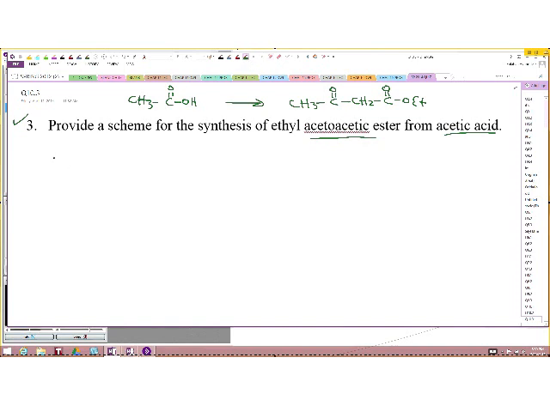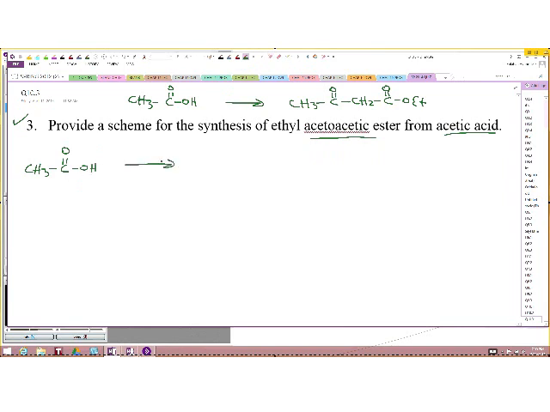Why do you want to esterify the acetic acid? Because you want to do a Claisen condensation, and you know that for Claisen condensation you need to start with an ester. So the first thing you want to do here is to esterify the acetic acid.